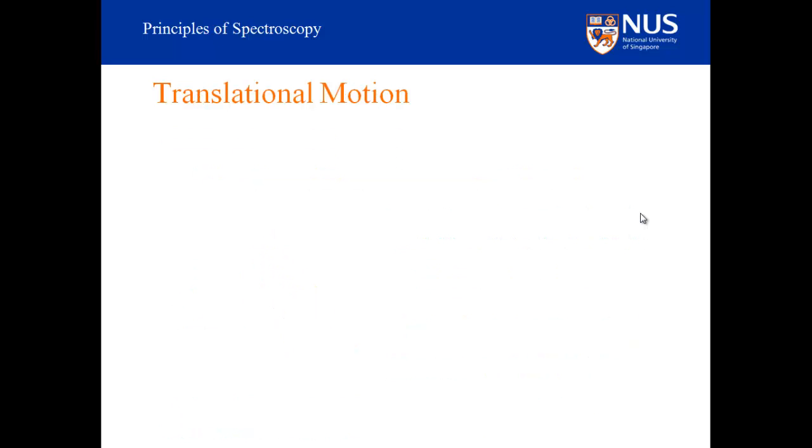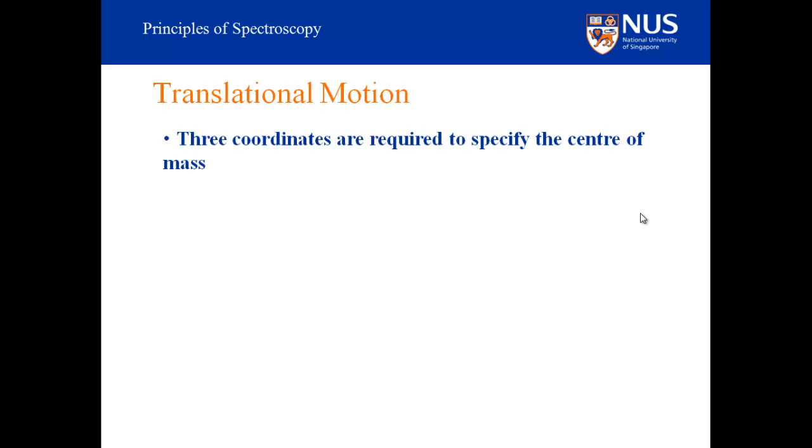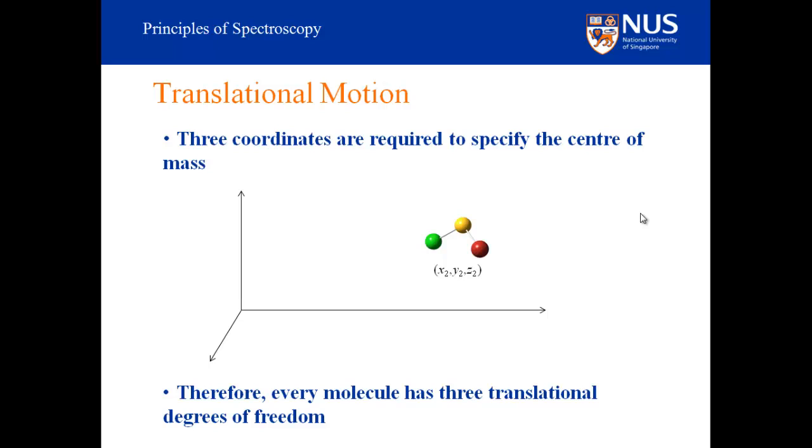First, let's look at translational motion. To describe the position of a molecule, we can specify its center of mass with 3 coordinates. We can then describe the translation of a molecule from one position to another by identifying the change in the 3 coordinates of its center of mass. Therefore, every molecule has 3 translational degrees of freedom.